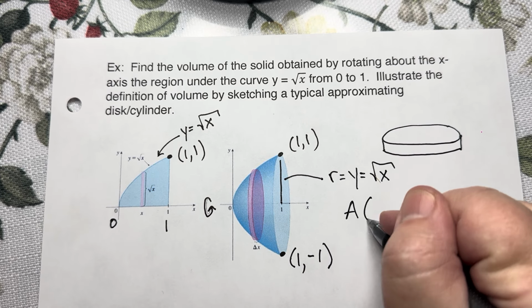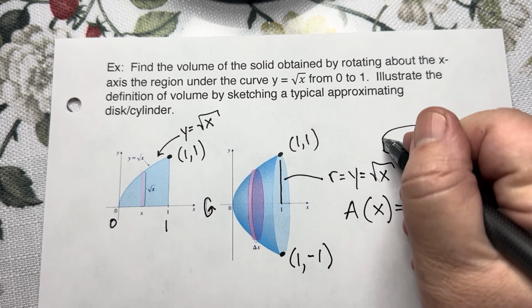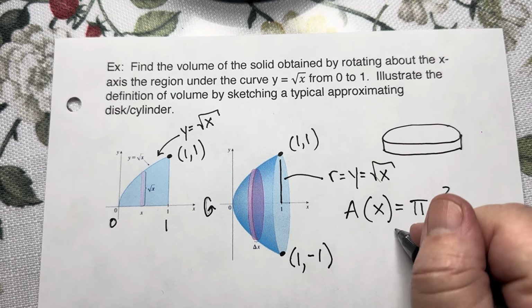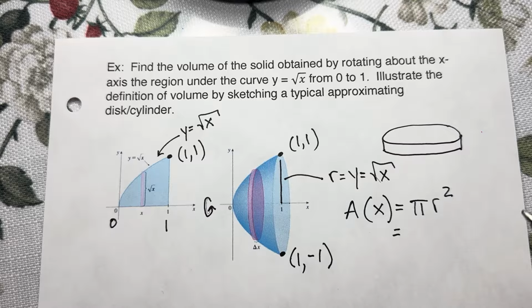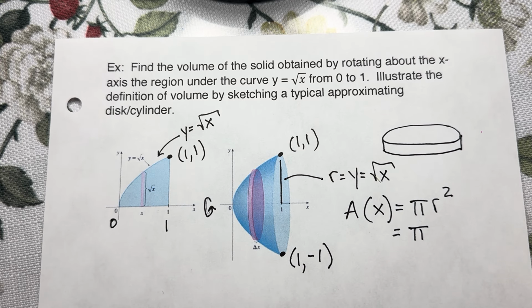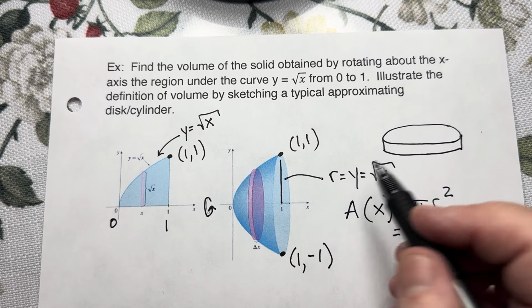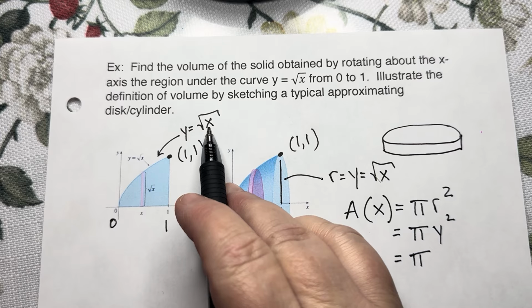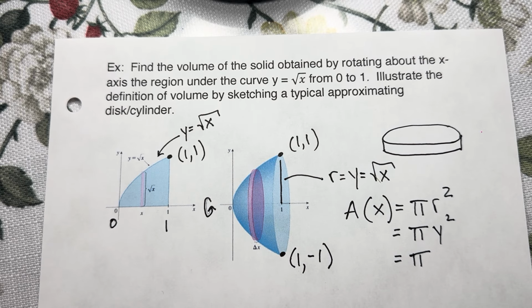So my area of each of these cylinders is going to be pi r squared. Have you caught on? It's going to be the same thing every time. Hopefully you're starting to go, oh, this is just a formula. Yeah, it's a formula. Or if you can't remember the formula, you just remember the area of a circle, pi r squared, which is pi y squared, which is actually, right, we started talking about square root of x, and everyone's like, oh no. And in fact, it's not that bad because we're going to square it.